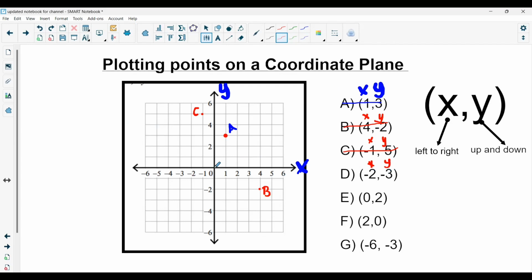So X is negative 2. Here's my X axis right here. My negative numbers are to the left. So I'm going to move to the left. 1, 2. And then my Y is negative 3. So think, do you go up or down? We are going to go down 3 because it's negative. And then we're going to put our point there and label it with our letter D.